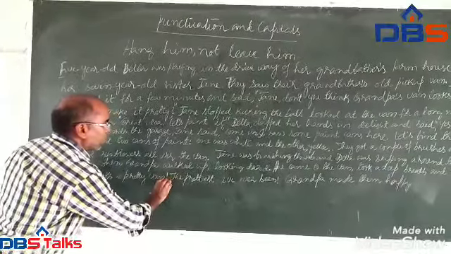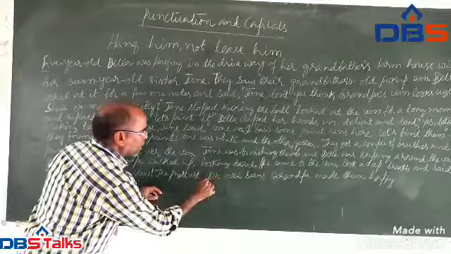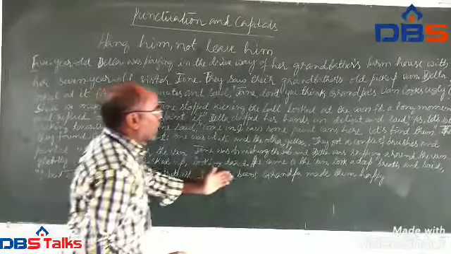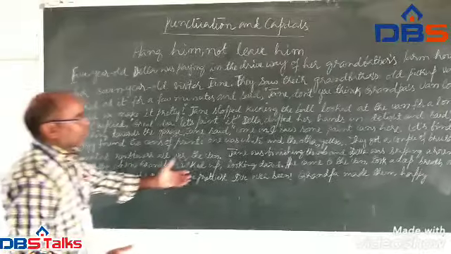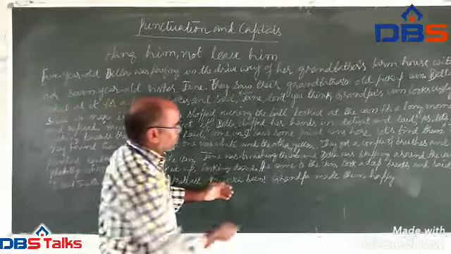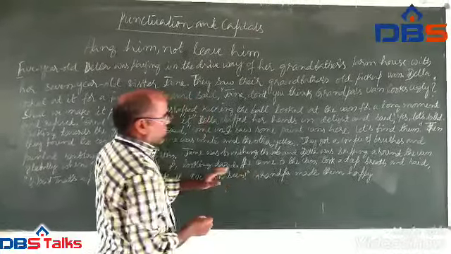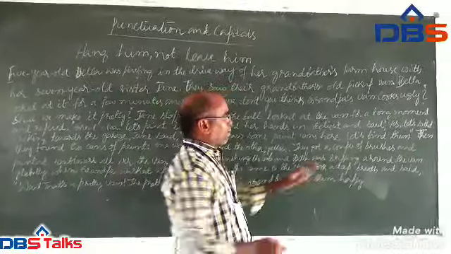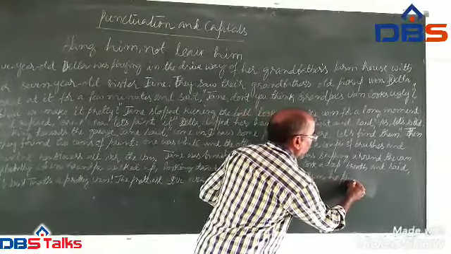Exclamatory symbol. The prettiest I have, capital I, apostrophe. I have ever seen. Wow, that's the prettiest van. The prettiest I have ever seen. Okay? Exclamation and double commas close. Grandpa made them happy. Now you are supposed to put a full stop here.